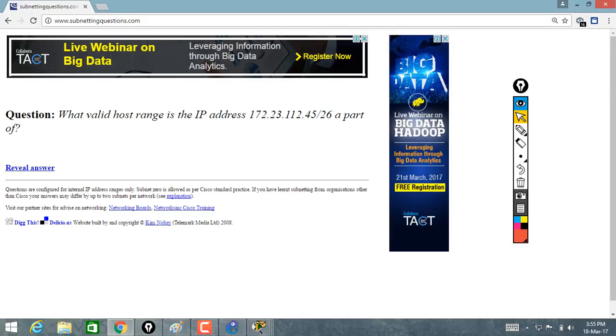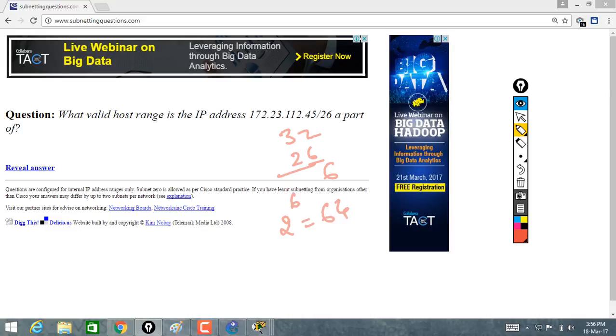First of all you have to do 32 minus 26, which gives the host bits, 6, so 2 power 6 is 64, so it will go from 0 to 63.